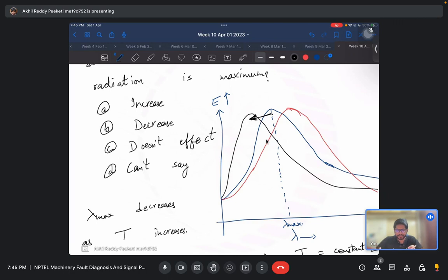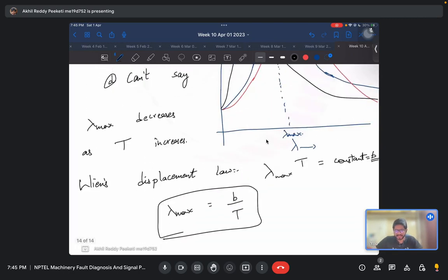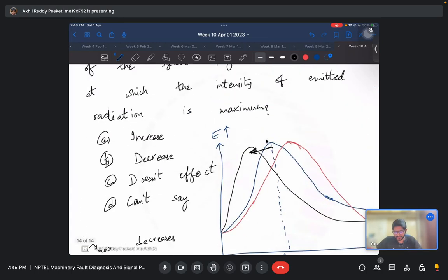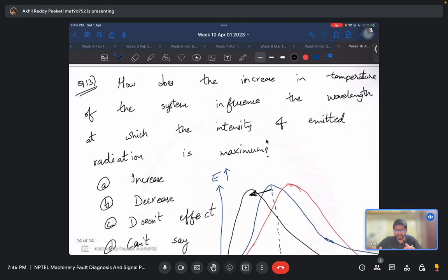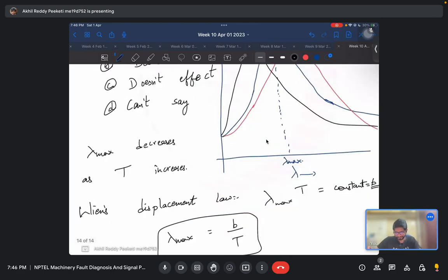So based on the temperature of the system, the wavelength at which the maximum of the energy is emitted decreases as the temperature increases. Okay, so that's why the gamma rays or the X-rays are much more energetic waves than the visible radiation or the infrared radiation, because they are generated at much higher temperature, they carry much more energy.